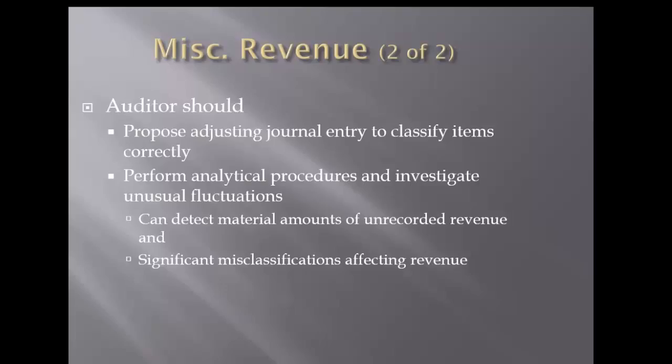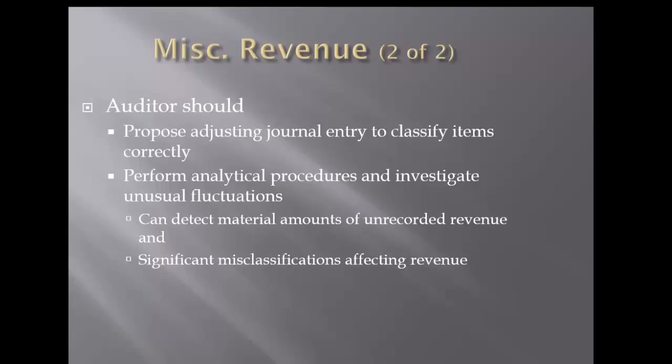We're definitely going to be performing analytical procedures to investigate any unusual fluctuations, and we want to determine if there are material amounts specifically related to unrecorded revenue and significant misclassification affecting revenue.